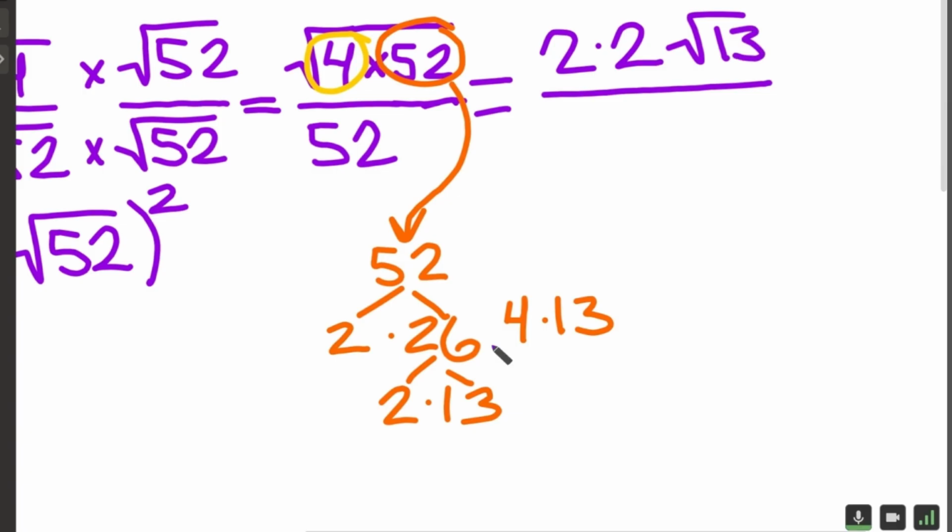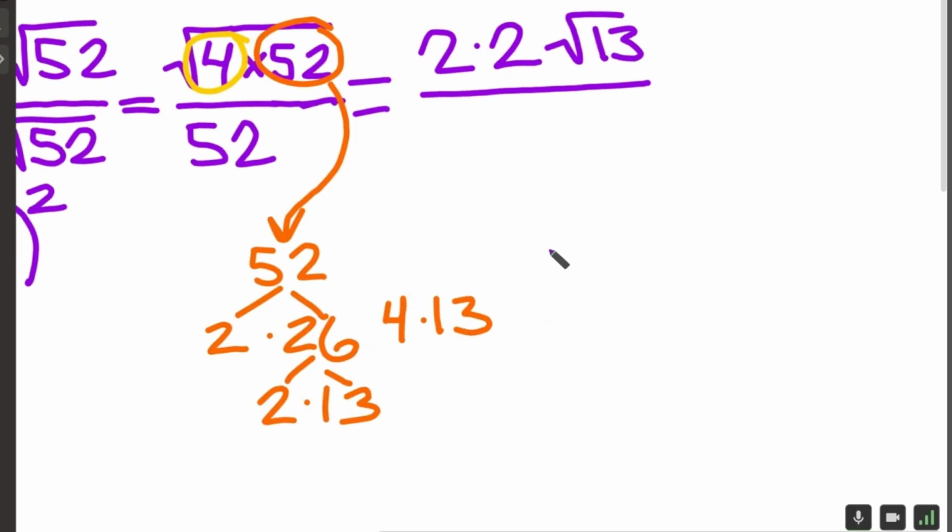So out of this 4 times 52, I was able to take out two 2's and keep the 13 in there. If you want to look at that in a different way, this is really square root of 4 times square root of 4 times square root of 13.